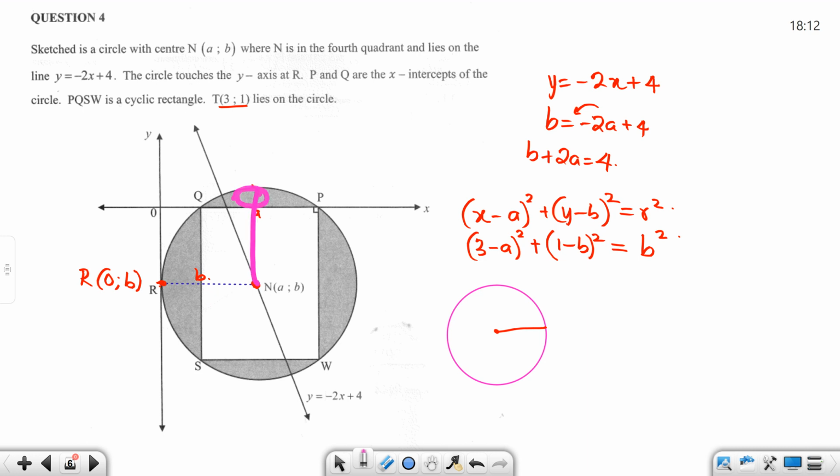It must touch the circle. Here. Oh, wait. From here. Okay, wait. Yeah, it's supposed to be A. So my bad. Because from here to here is horizontal.